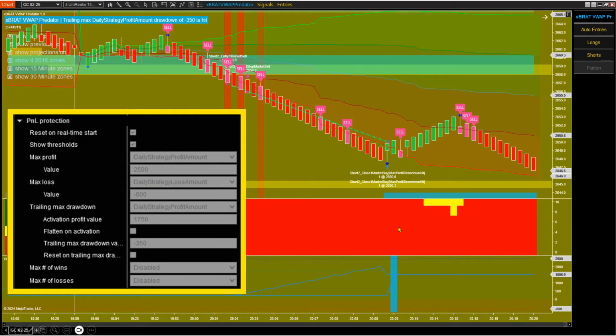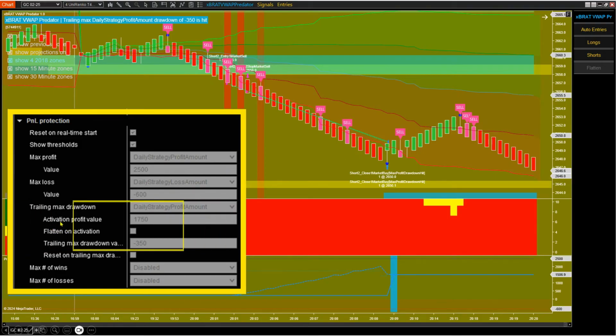Then we can see this blue line down here. This is one of the trade management tools, the P&L protections, which you can see in this box here. We can have a max profit of 2,500 a day, for example. But in this situation, this was an 8-minute trade, and you can see it started to pull back here.